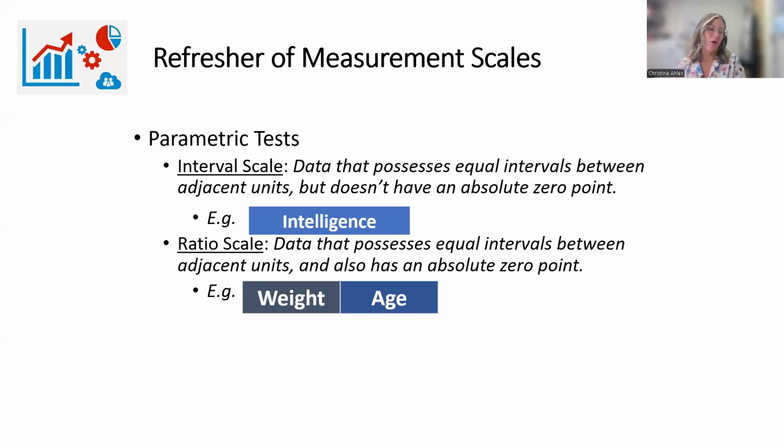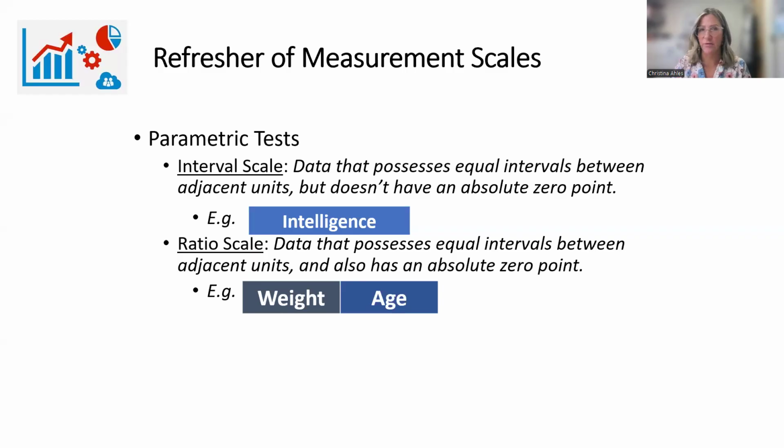If you recall, way back in chapter 1, we talked about scales of measurement. For parametric tests, the dependent variable has to be measured using either an interval or ratio scale. So you need to have quantitative data. For example, intelligence can be any value, but the 0 point does not mean that there's an absence of something. The 0 is just a placeholder.